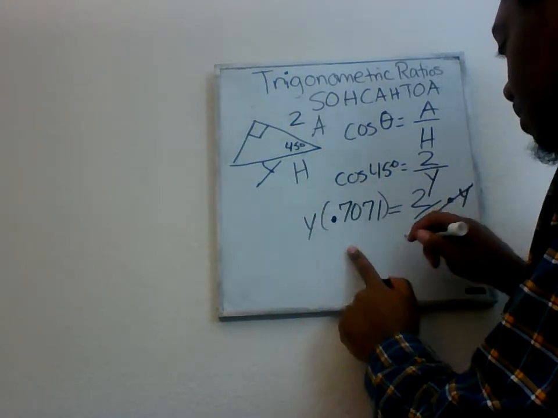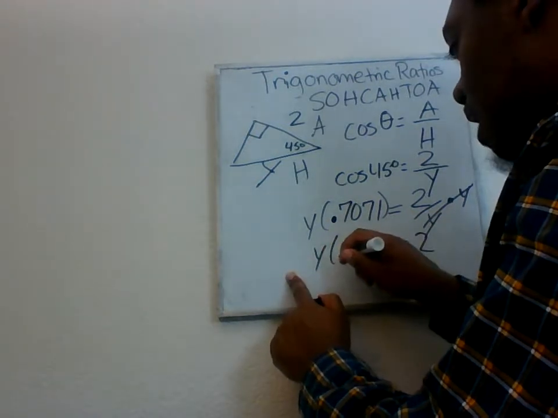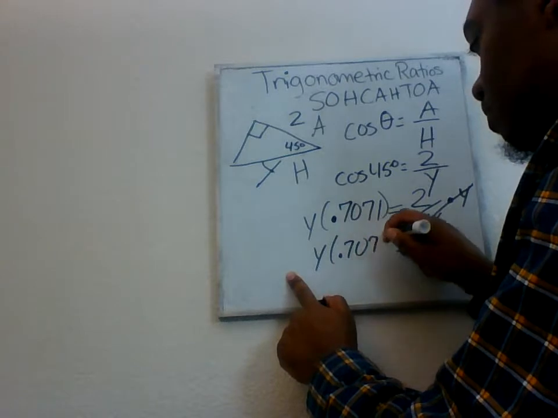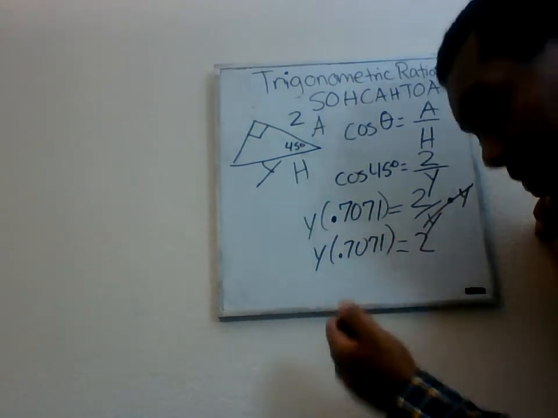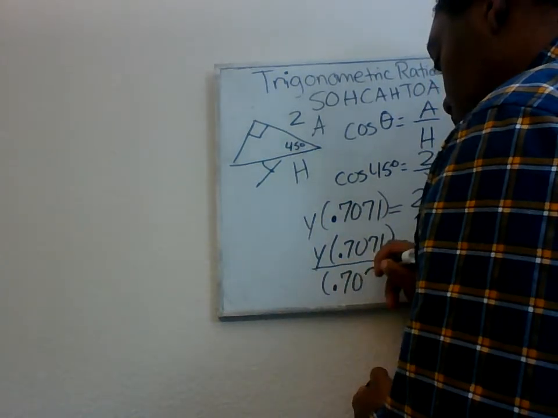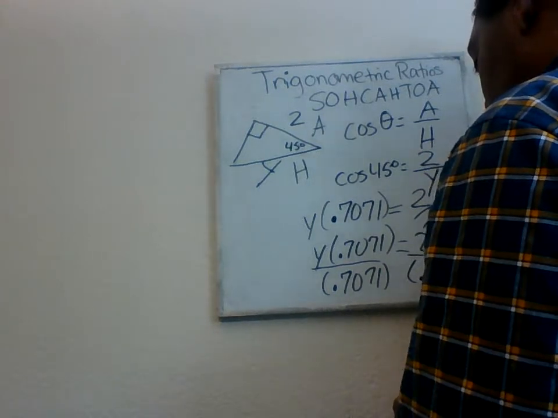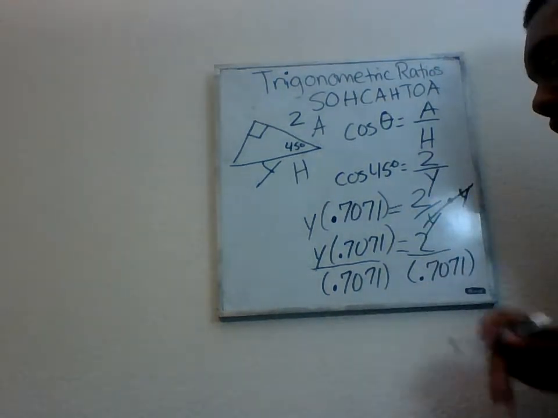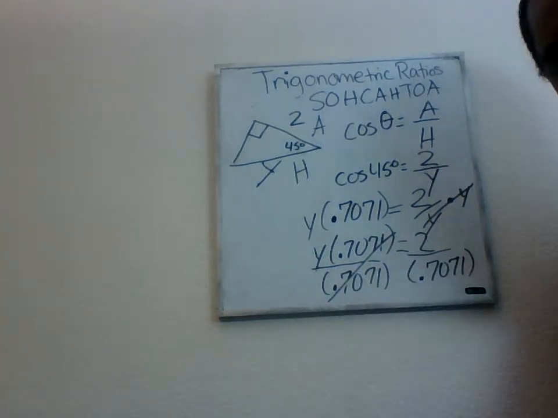And when we do that, we end up with 2 equals y times 0.7071. Well, how would you get rid of the 0.7071? You would divide by it. Okay? And so y would equal whatever we got if we divided those two numbers.